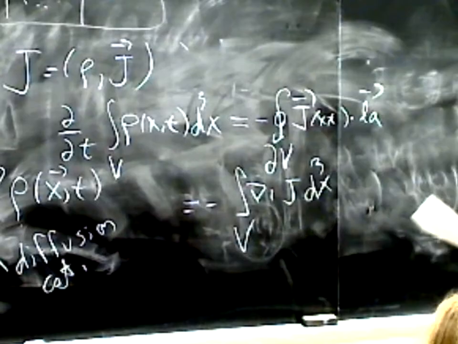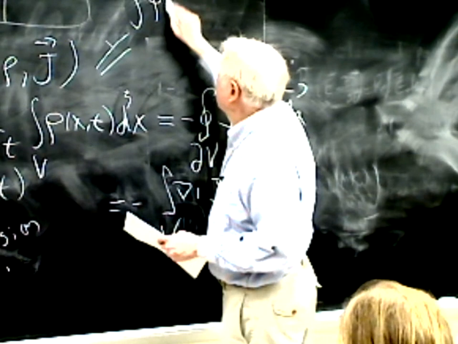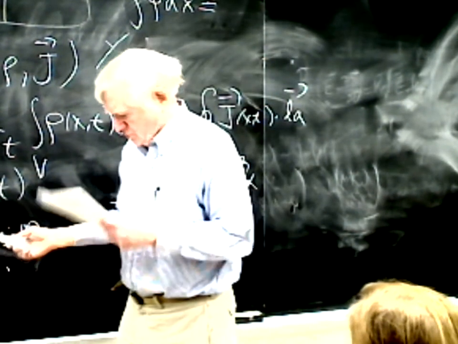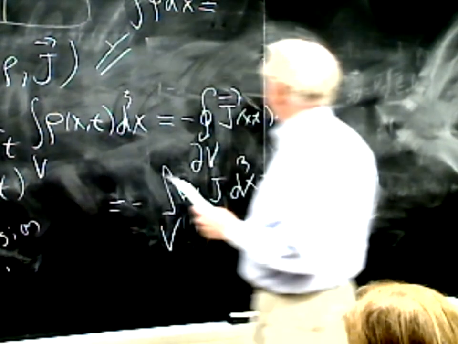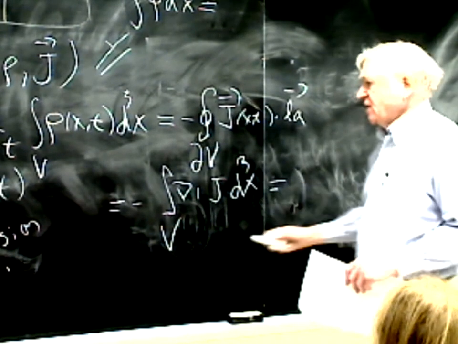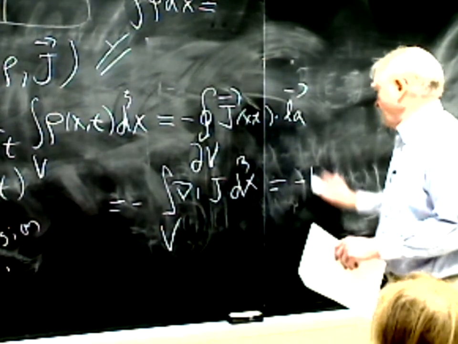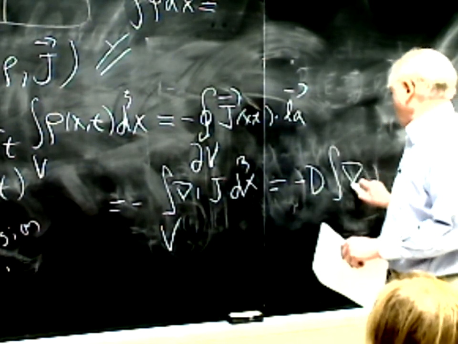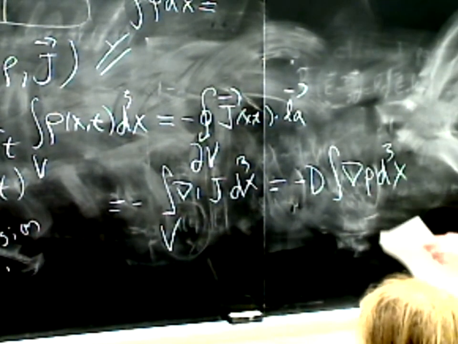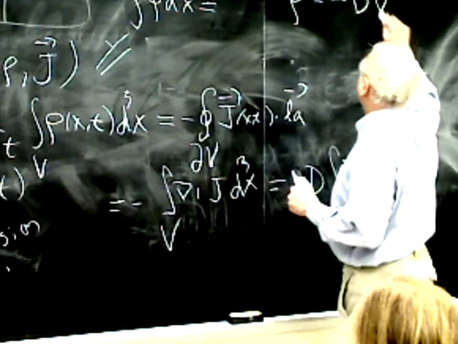On the other hand, this is equal to the integral of rho dot d cubed x. What is J? J is minus D grad rho. So this is equal to minus D integral grad rho d cubed x.